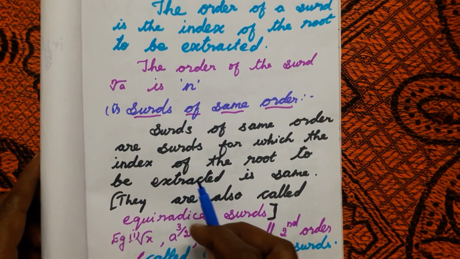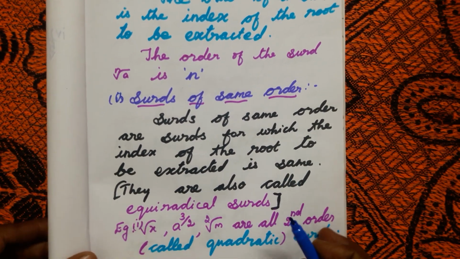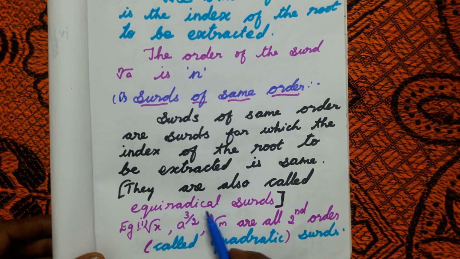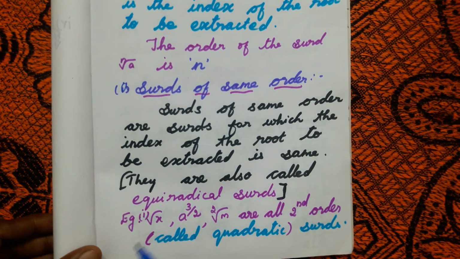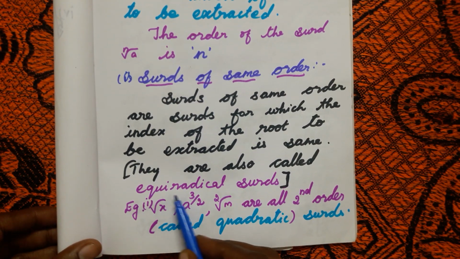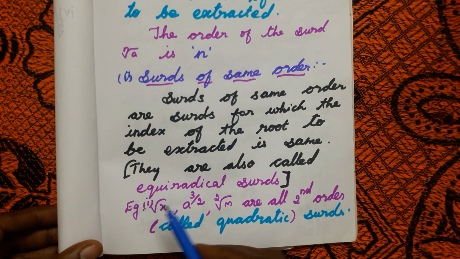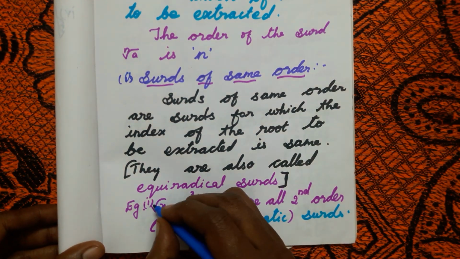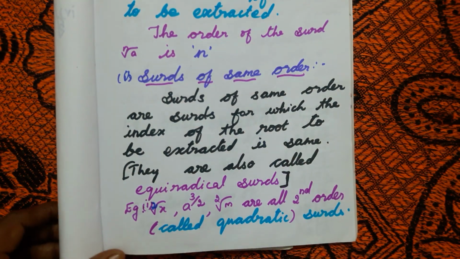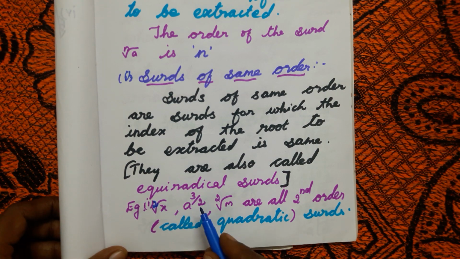Surds of the same order are also called equiradical surds. For example, square root of x. What is the index of this? 2 is the index. Next, a power 3 by 2.